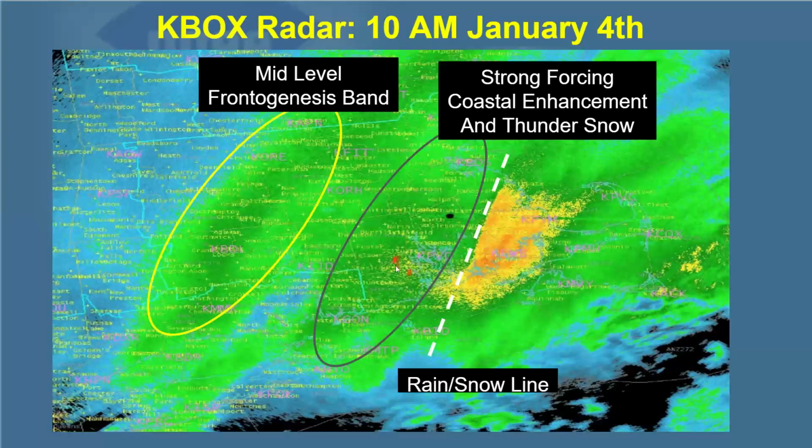Combine that with the CSI and negative EPV, and you can see those flashes in the Providence area. So that's your thundersnow again. And to the right-hand side, the dashed line is where your coastal front is. Right of that line, it's rain or a rain-snow mix, and then all snow west of the line.